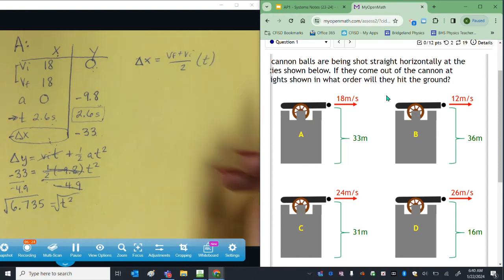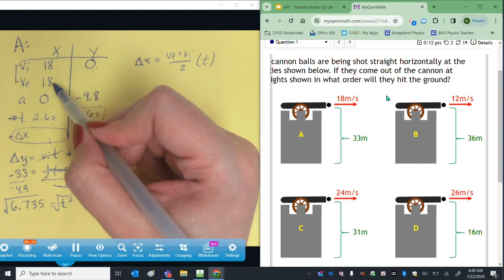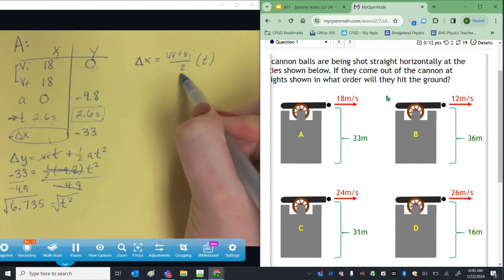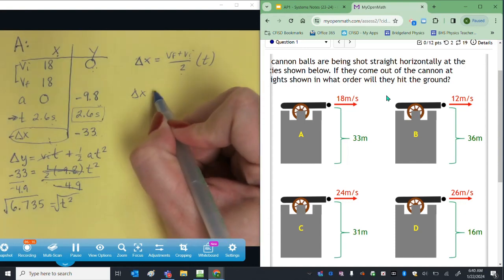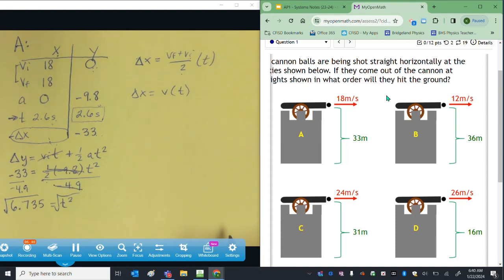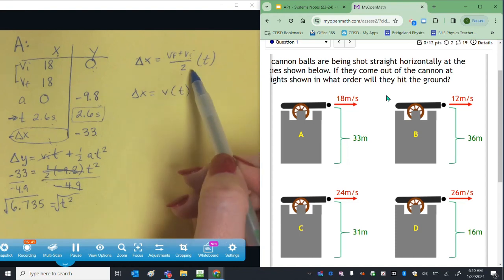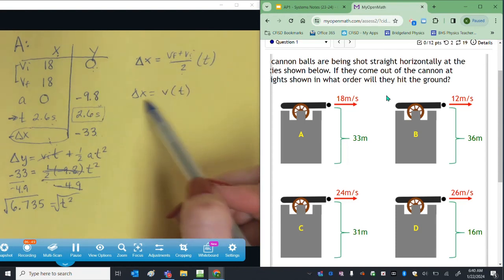Now because my final and initial velocities are the same because it's constant, this is just velocity, because (18 plus 18) divided by 2 is of course 18. So you can just write it like this if you like, because that's what we're doing when we have constant velocity. Now if you do have different velocities, yes, you need to do this to get the average. Okay, and vertically you would want that, but horizontally it looks like this.